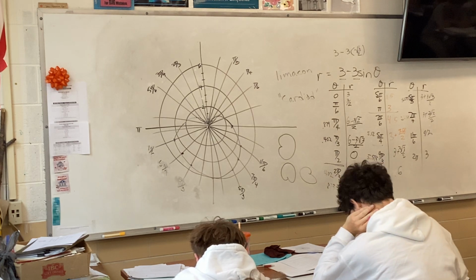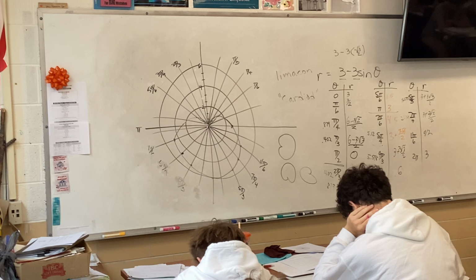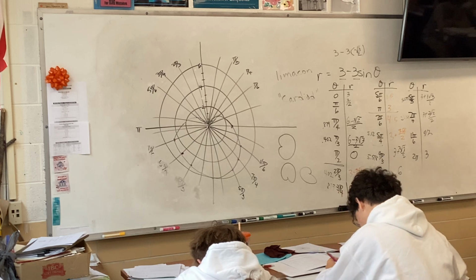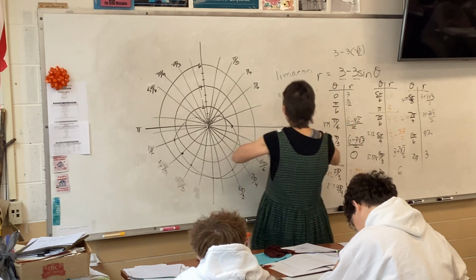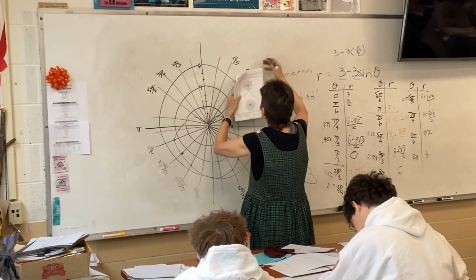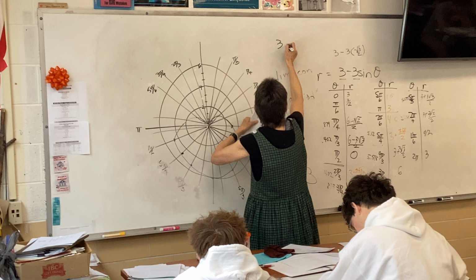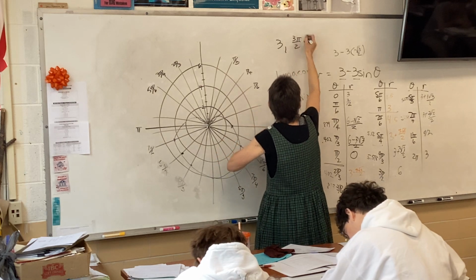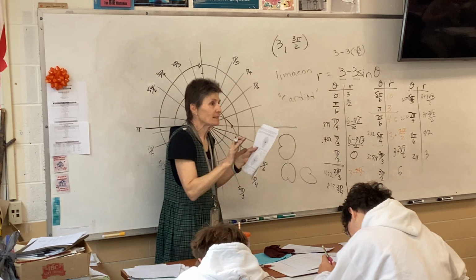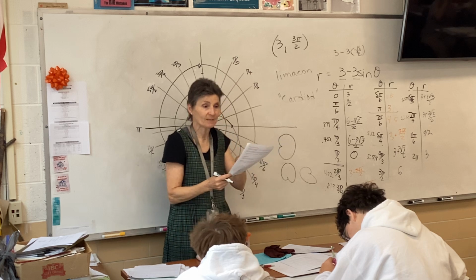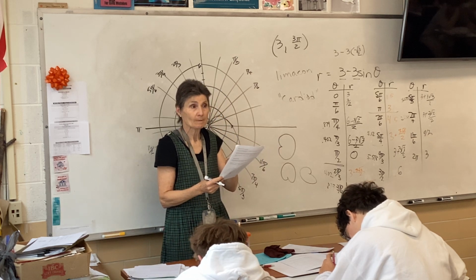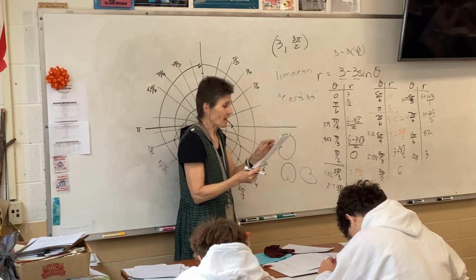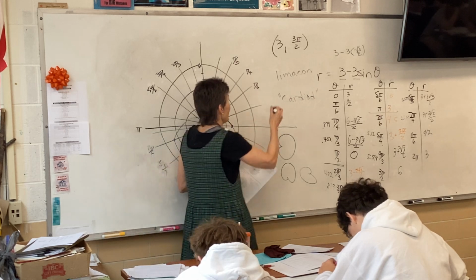Well, I like to pick a point that I am very comfortable with. So on the graph, I am very comfortable with the point 3, 3 pi over 2. I'm not estimating that point. I'm very confident that point is on my graph. Would you agree? Right? Yeah. So what that means is, let's look at example A.